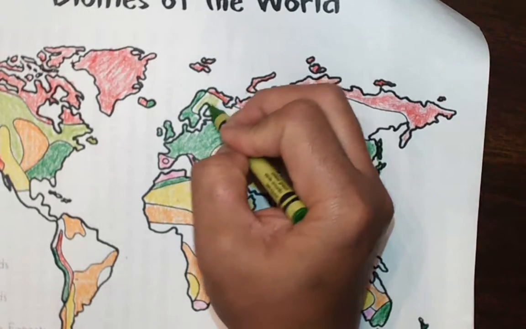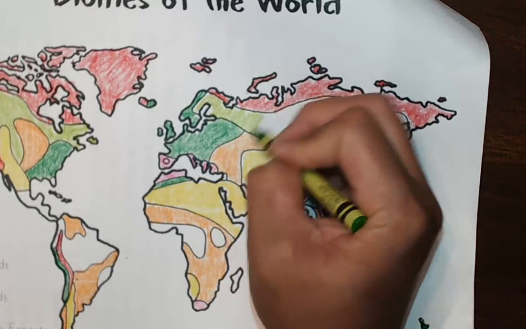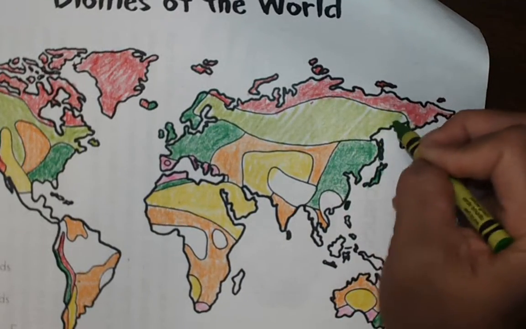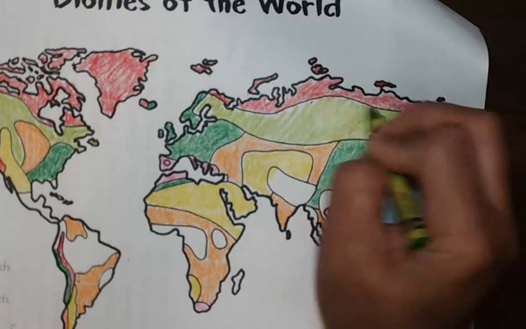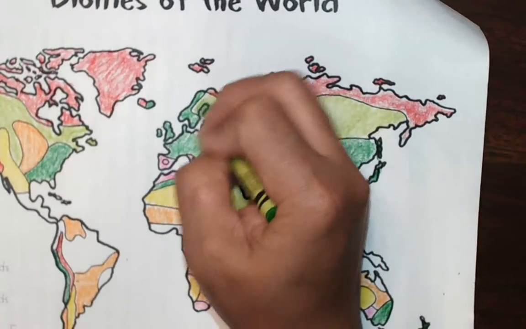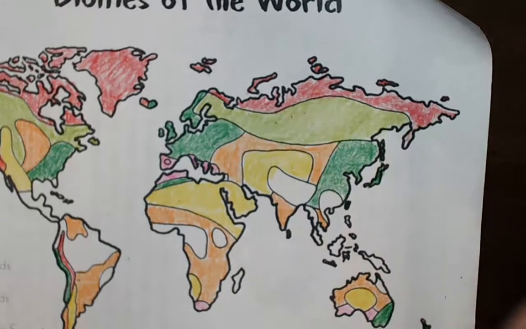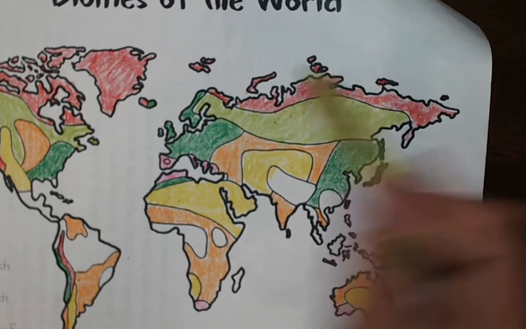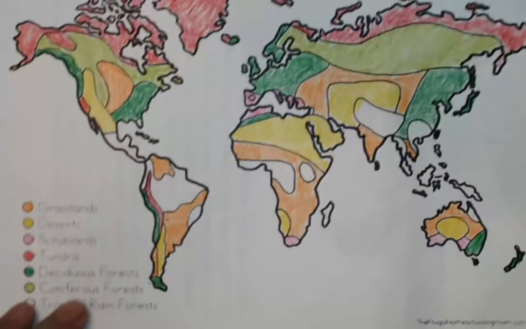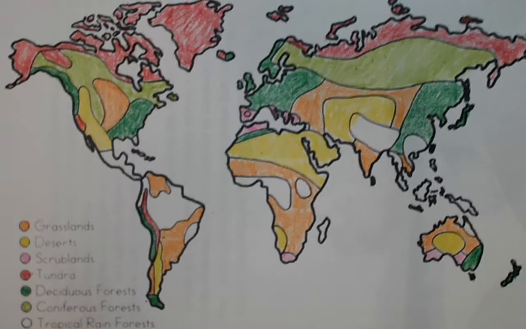This whole area is a coniferous biome. Tons of evergreen trees or pine trees. And that's it for coniferous, which leaves our last category on our key, the tropical rainforest biome.